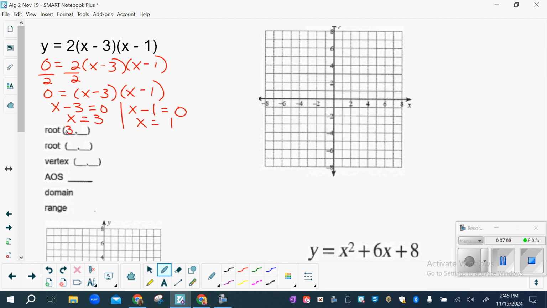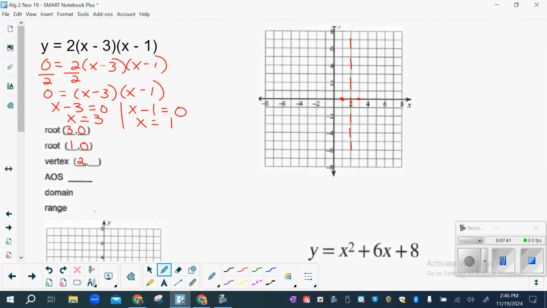One of my points is 3, 0, and the other one is 1, 0, because my y value is 0 there. So let's graph those points, 3, 0 and 1, 0. I want to draw my axis of symmetry, which would be in the middle, and that x value is a 2.